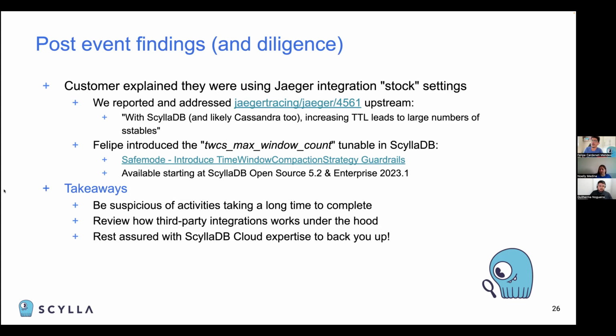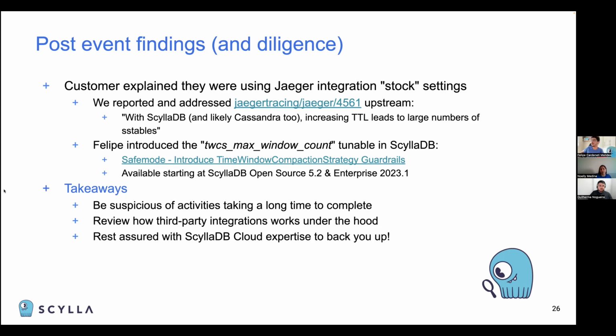In order to improve this and help us in the future, we from Scylla's side created a GitHub issue and case for Jaeger to explain what would be the better setting for the compaction strategy.